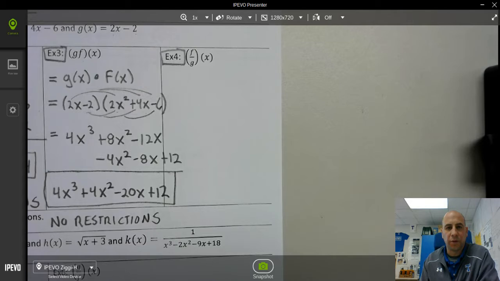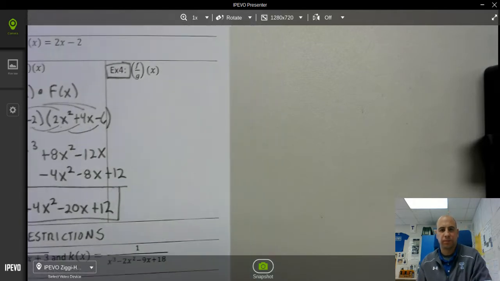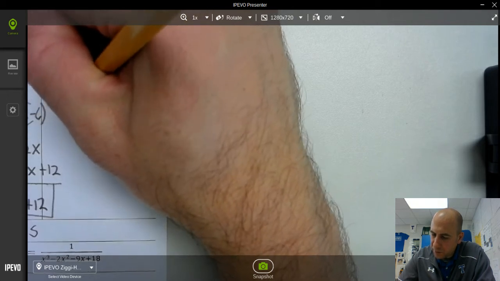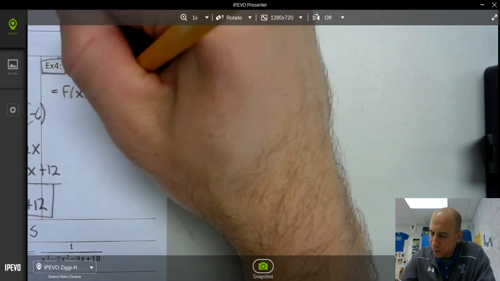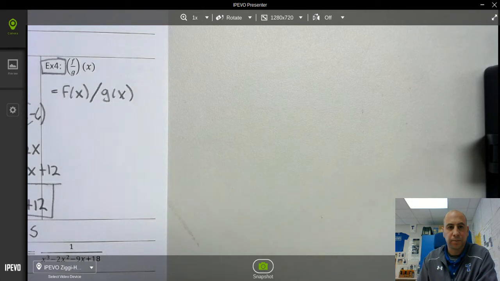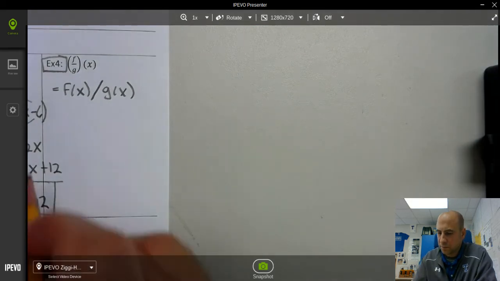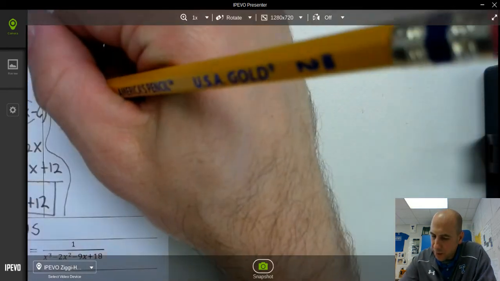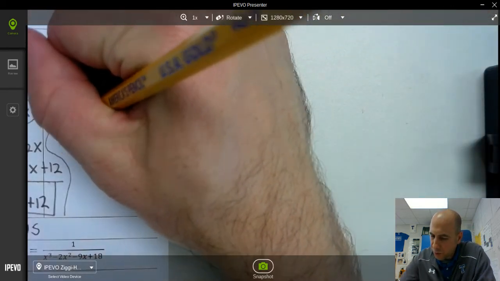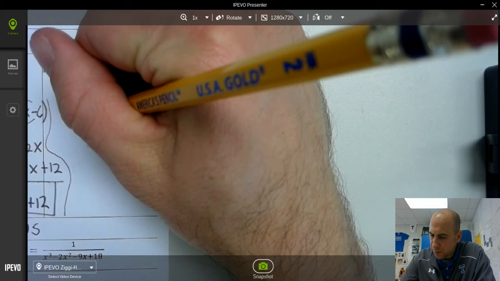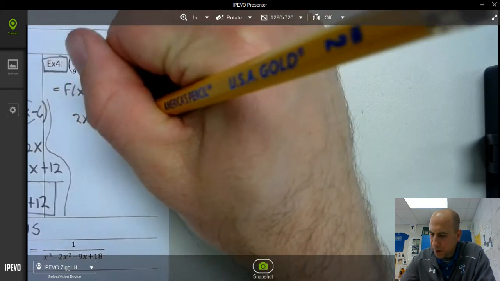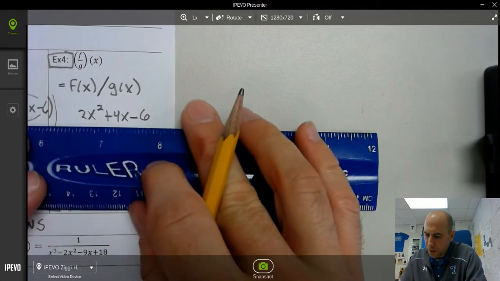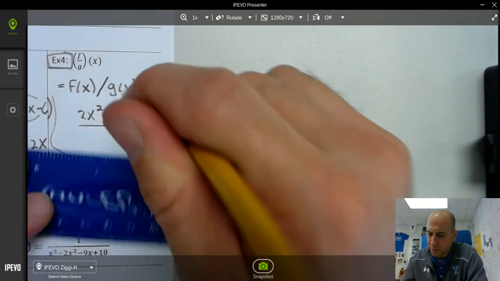All right, so let's move on to example 4. That is f of x divided by g of x. So that is f of x, which is 2x squared plus 4x minus 6, divided by 2x minus 2.